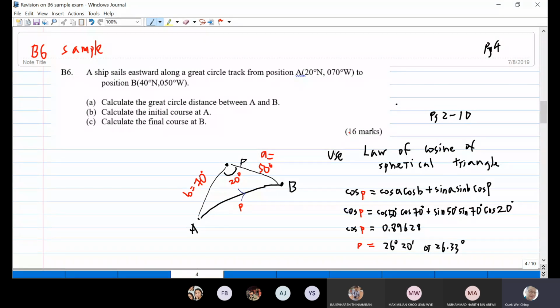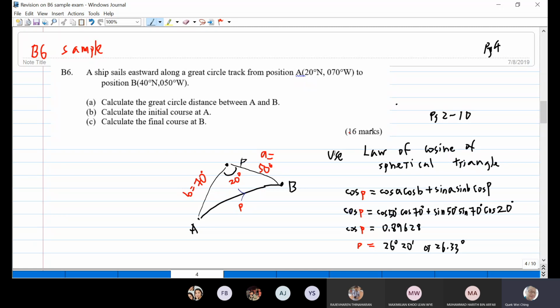So cosine p equals cosine a cosine b, plus sine a sine b, then cosine of angle P. You do it a few times, you can remember the formula. Okay, so this is how you use the cosine. Anyway, this formula also is in the formula sheet, so use it there.